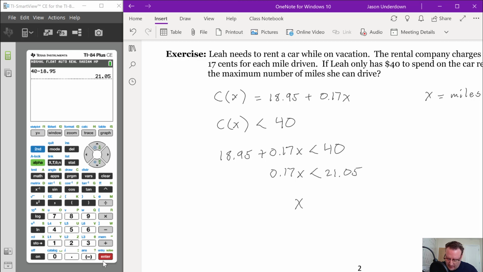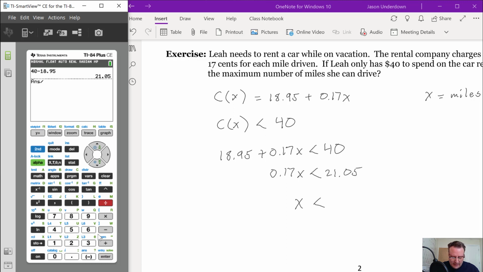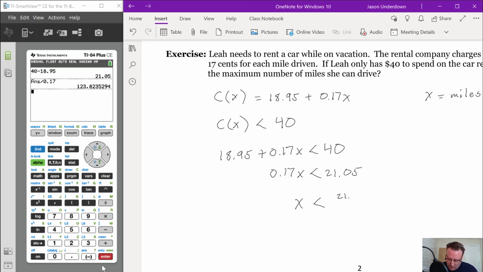Now, to solve this inequality, I need to divide both sides of the inequality by that multiplier, 0.17. And what am I going to get? Let's do 21.05 divided by 0.17. I'll take my previous answer, hit the divide key, and put in 0.17. So this is approximately equal to 123.8 miles.